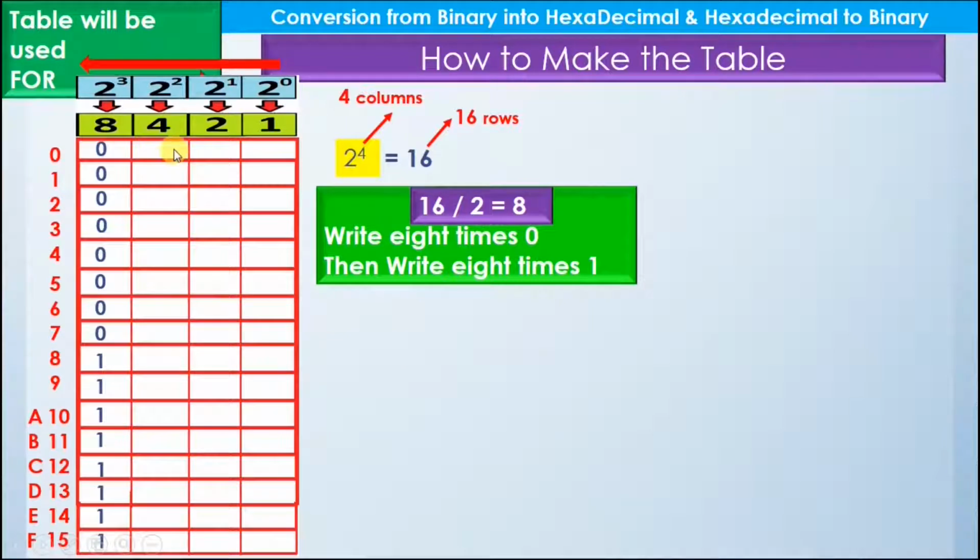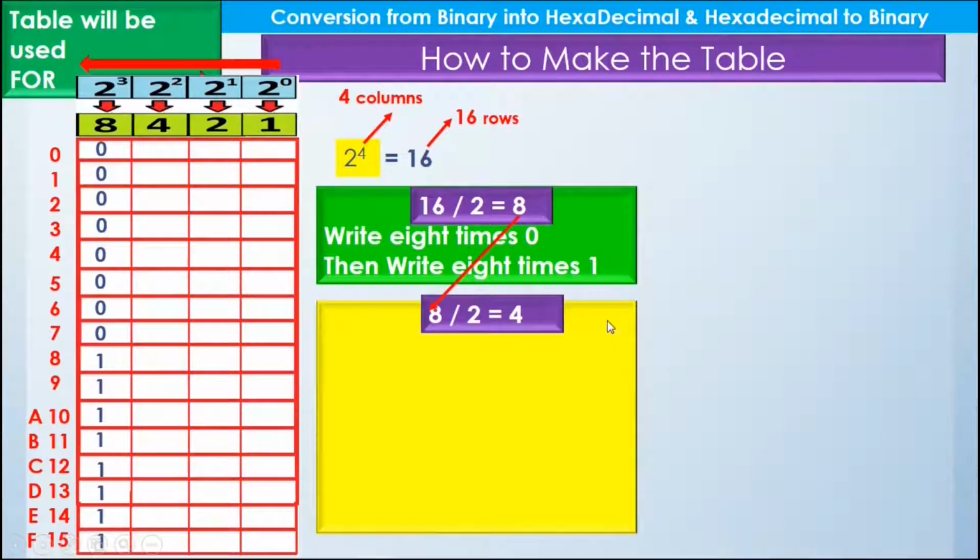Now we will go to the next column. So now we take this number 8 and again we divide it by 2, and 8 divided by 2 is equal to 4. So now we have 4 here. So we will write 4 times 0. So 4 zeros come here, and then we will write 4 times 1.